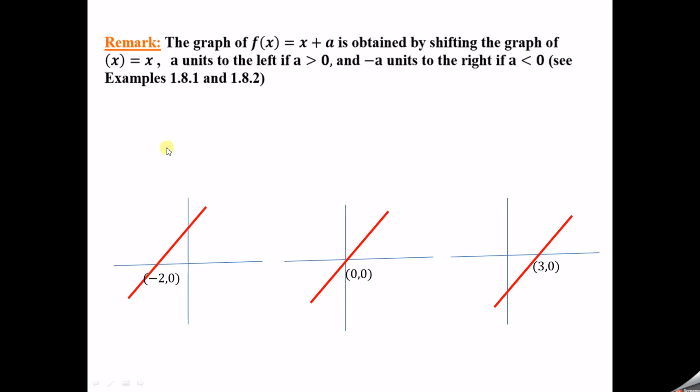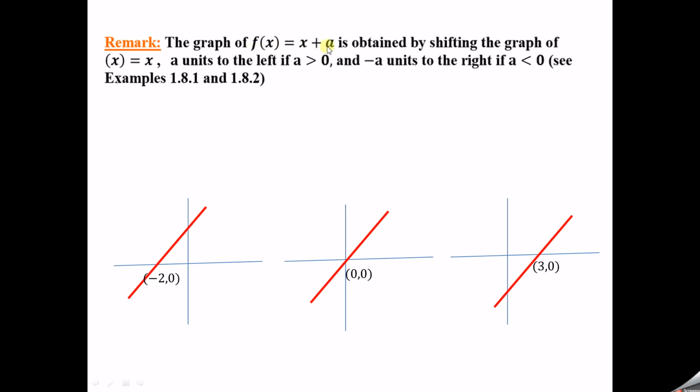And here we have a remark that the graph of f(x) = x + a is obtained by shifting the curve f(x) = x, a units to the left if a is greater than 0, and minus a units to the right if a is less than 0. This is very important. This is called translation.